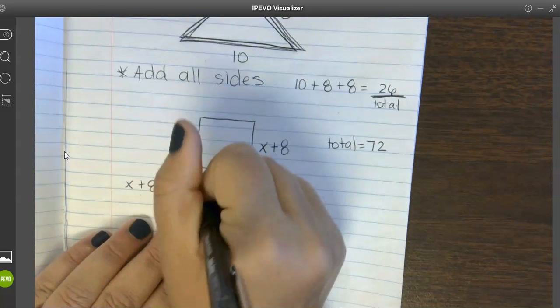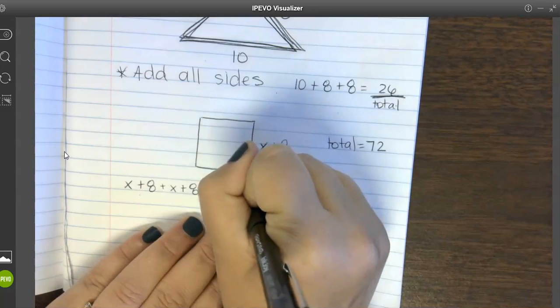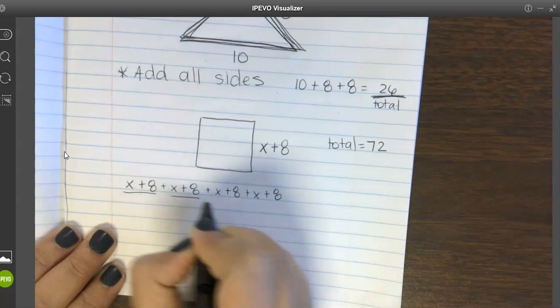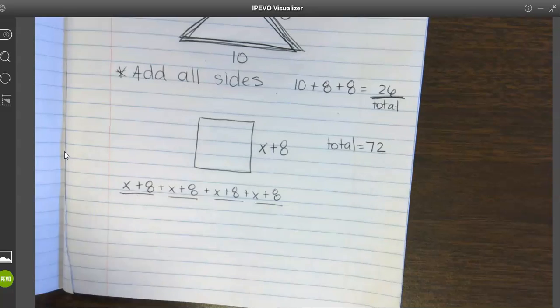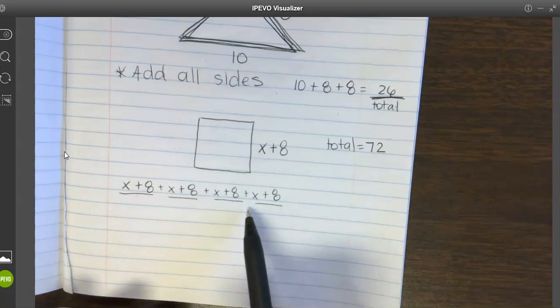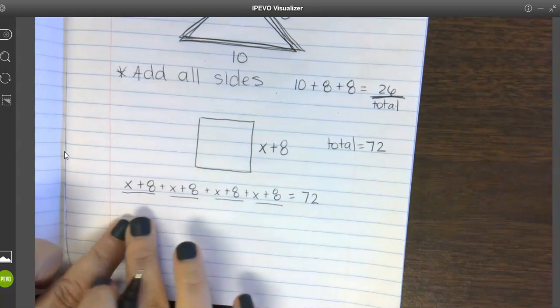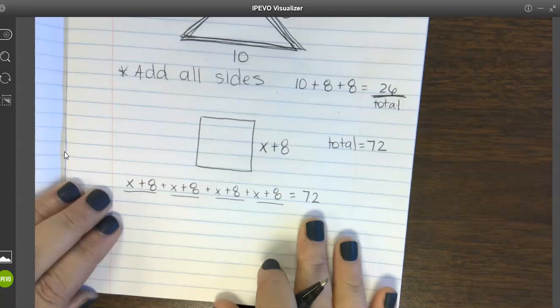That's 2 sides, 3 sides, 4 sides. So that's 1, 2, 3, 4 sides that are x plus 8 because this is a square. And then I have my total, which is 72. So this is one of the equations that I could use to solve, okay?